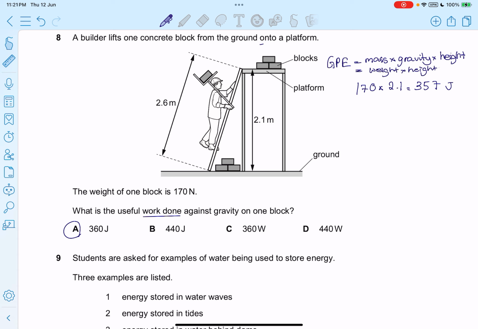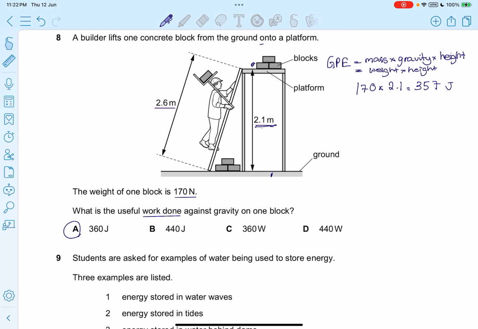Since we already know the weight of one block, which is 170, we use that and multiply with the vertical height. We don't use 2.6 because it's going diagonally. It's not the difference between the lowest point and the highest point. So 2.1 is the difference between the lowest and the highest, not 2.6.